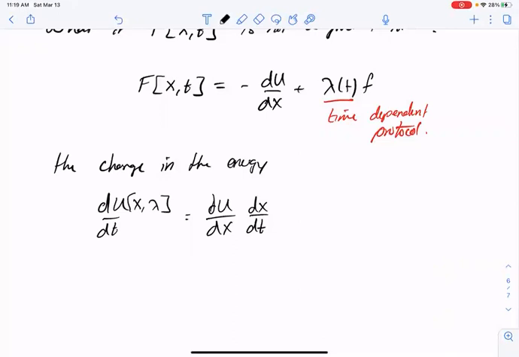X changes with time, and so that affects a change in u, the potential. And this is an overdamped system, so there's no kinetic energy, so this is just the energy of the system. But because lambda changes in time, there's some change in u due to lambda multiplied by how lambda changes in time.